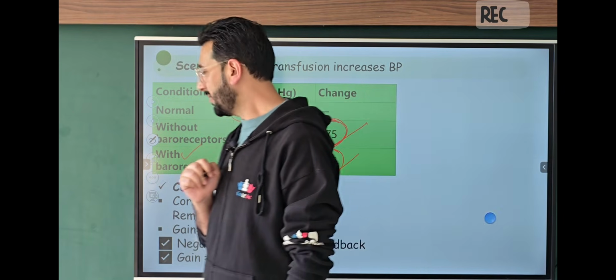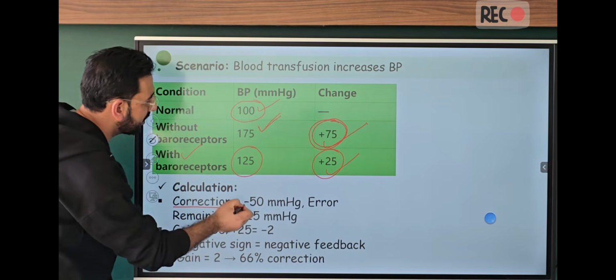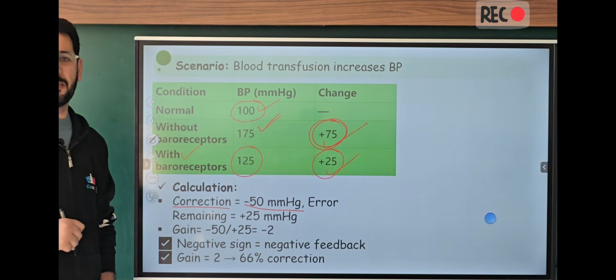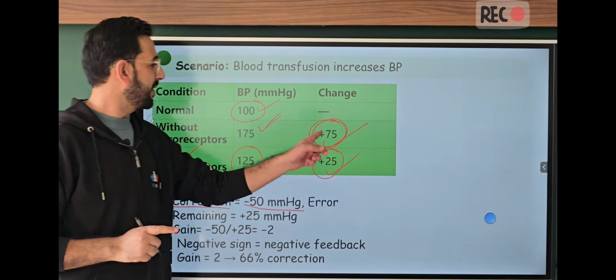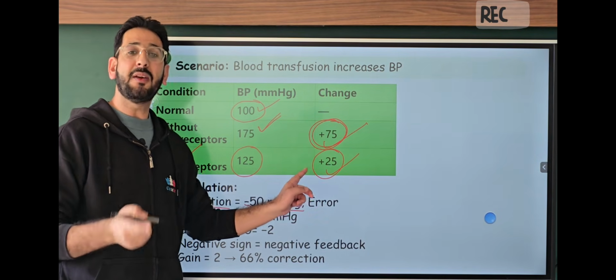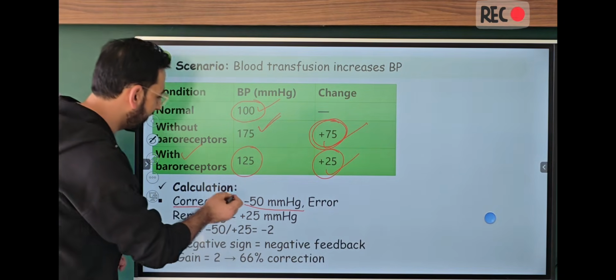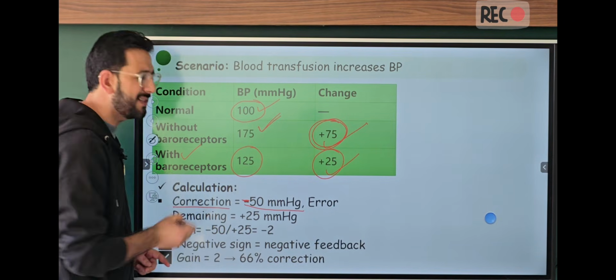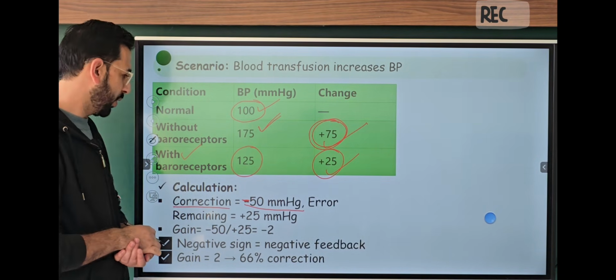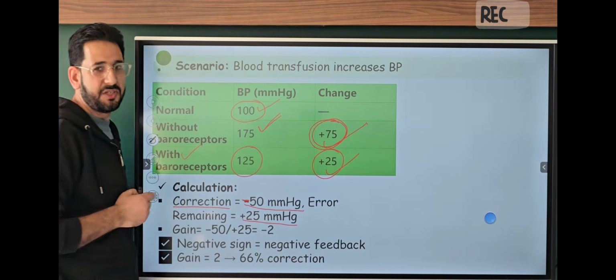Now, understanding the gain, how much is the correction? Correction is 50 mmHg. That means 75 minus 25, that means the correction with the homeostatic mechanism is 50 mmHg, and we write it as minus 50 mmHg because it is the negative feedback mechanism. Okay, now error remaining is 25 mmHg.